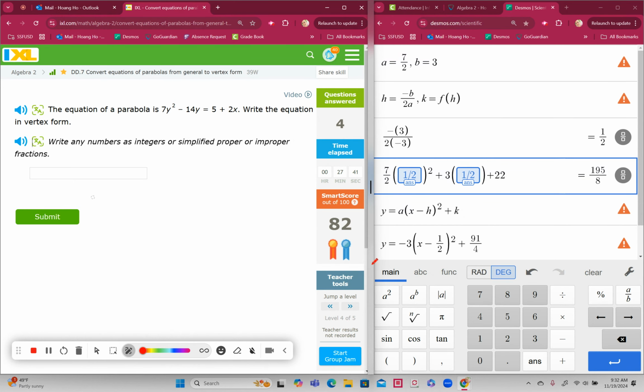So x equals 7 over 2 y squared, subtract 7y, and then subtract 5 over 2. Let me put it on my paper here so I can remember.